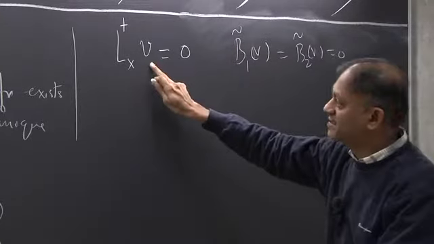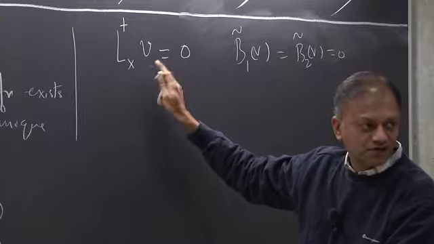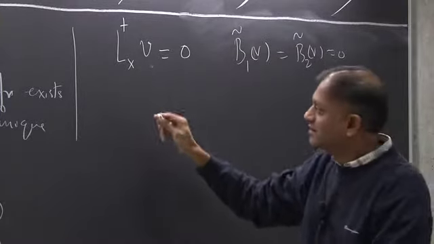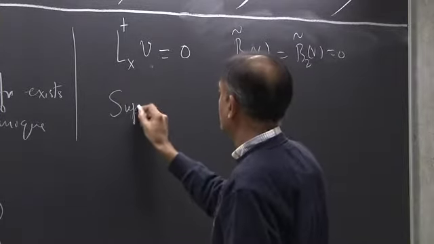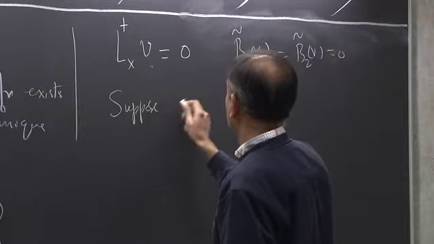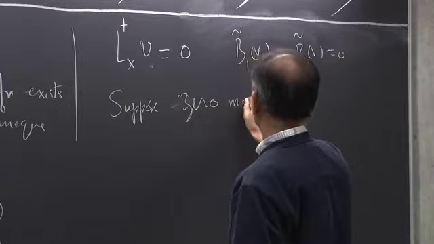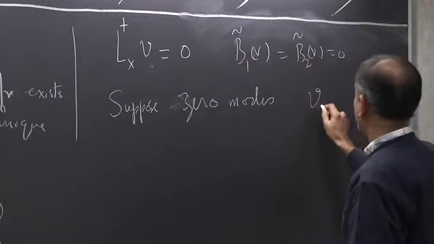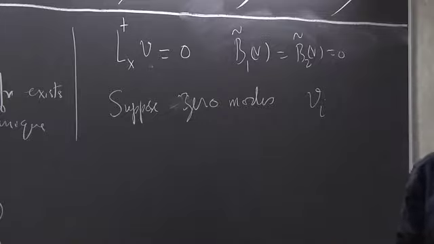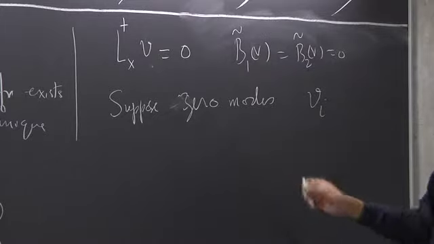So suppose the adjoint operator has some zero modes, which I again label by v_i.